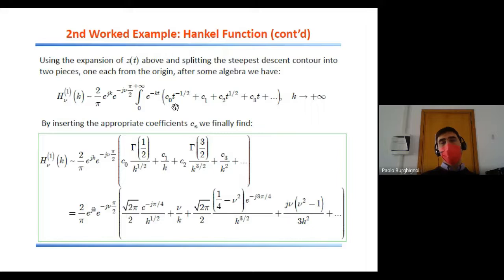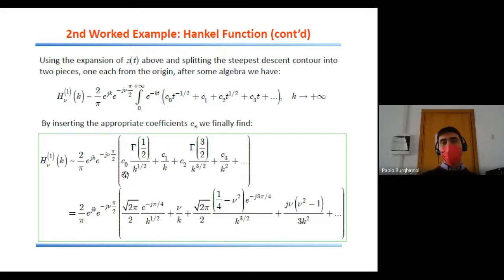And this is why the gamma functions appear, because now what you have to integrate is the product of the Laplace exponential times different powers of t, which is the integrand that defines the gamma functions. In doing that, you will need to change variables, and from this change of variable, the various powers of k will originate in the denominator.